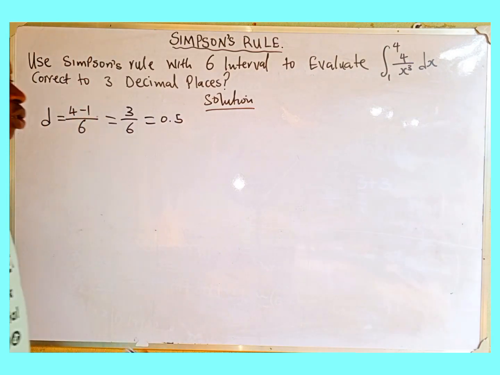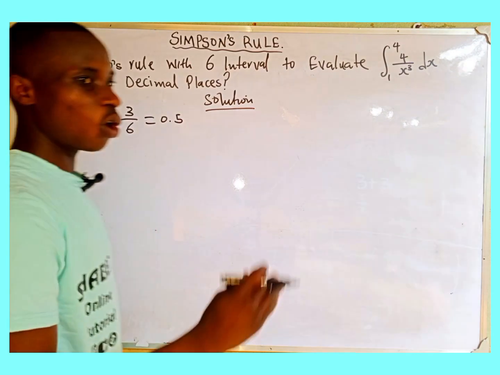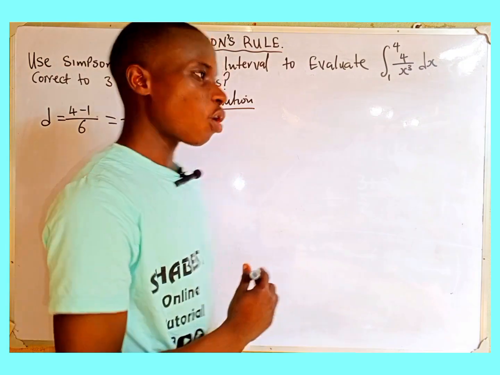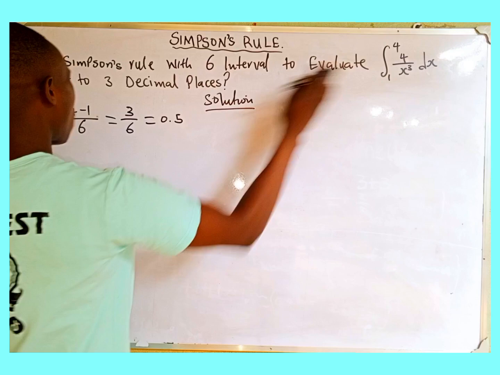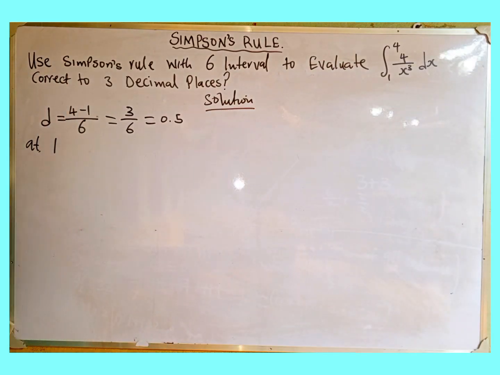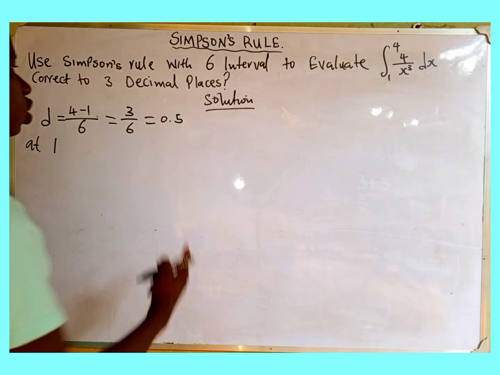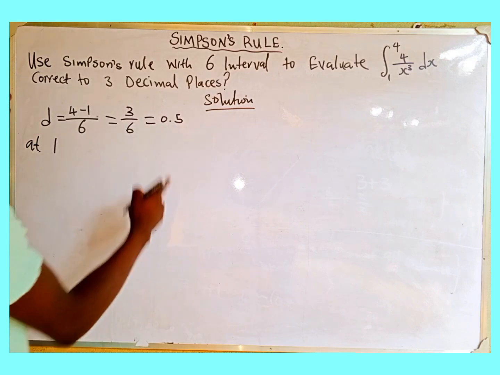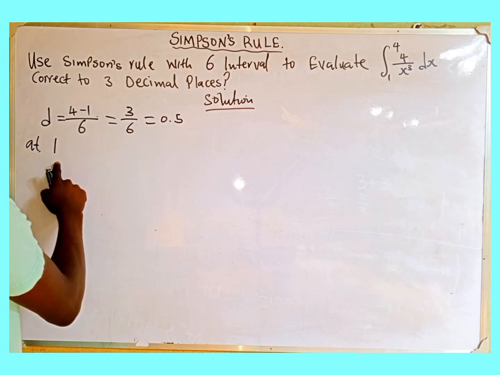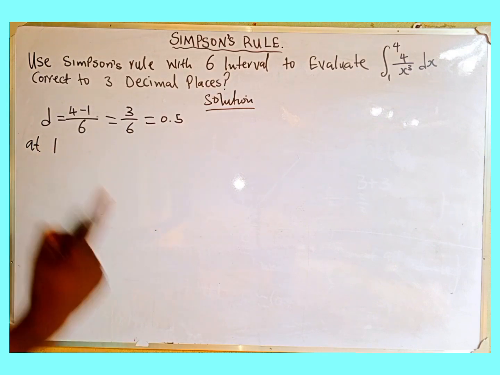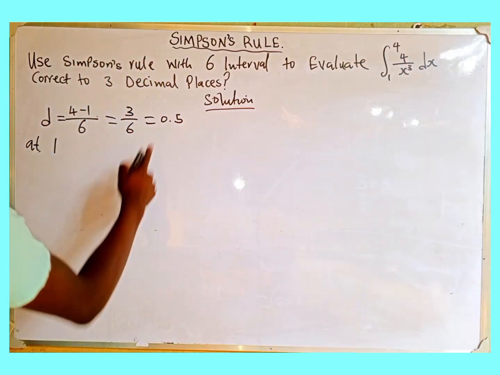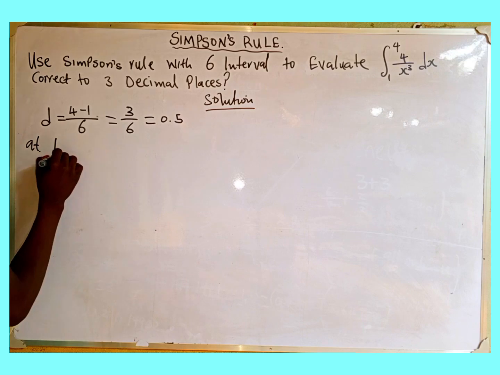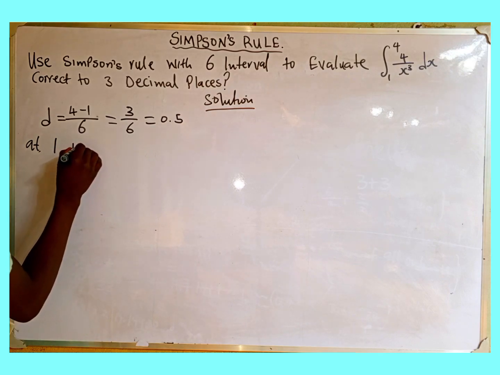Now the next thing is to get the ordinates. First we write the lower limit, which is 1. Then we add the width of the interval to the lower limit, and continue adding until we reach the upper limit, which is 4. So 1 plus 0.5 gives 1.5.